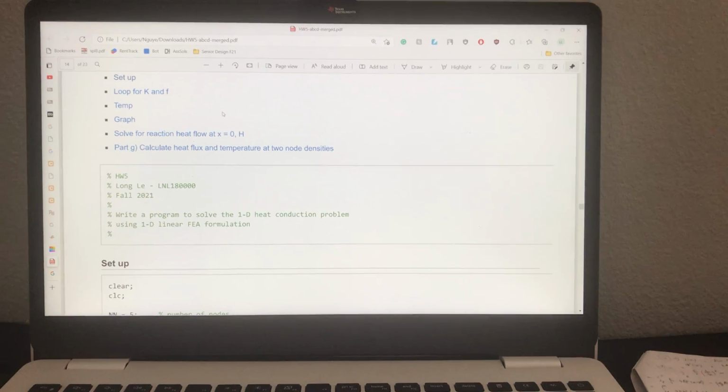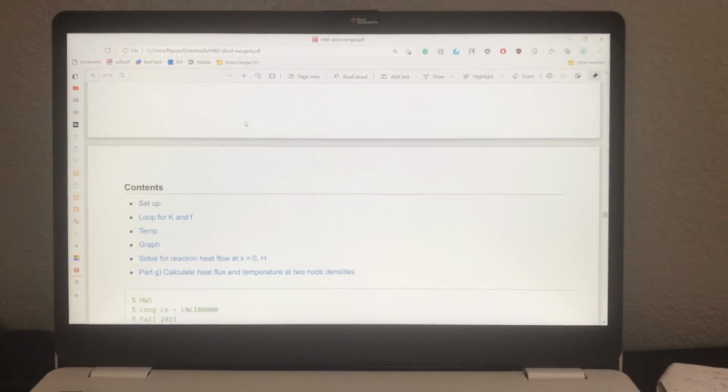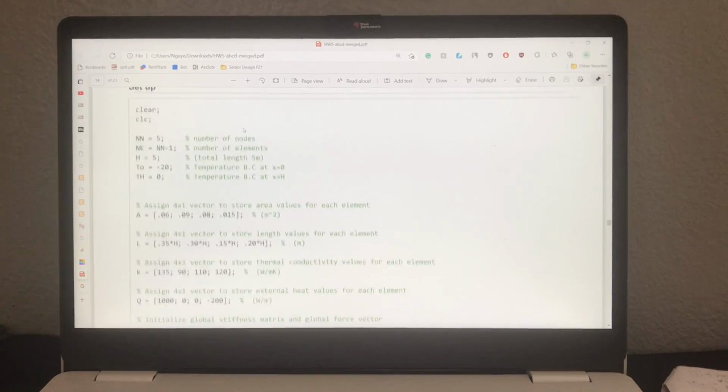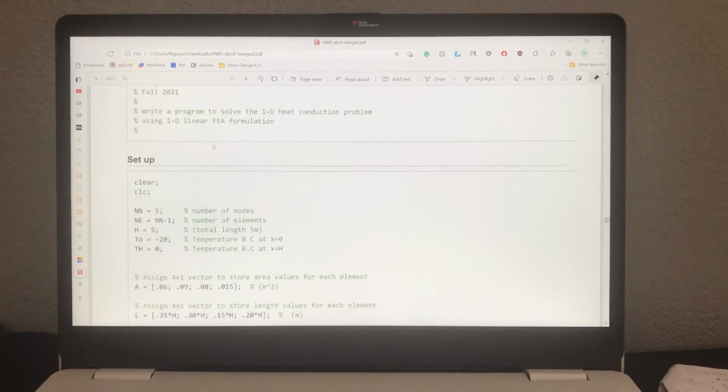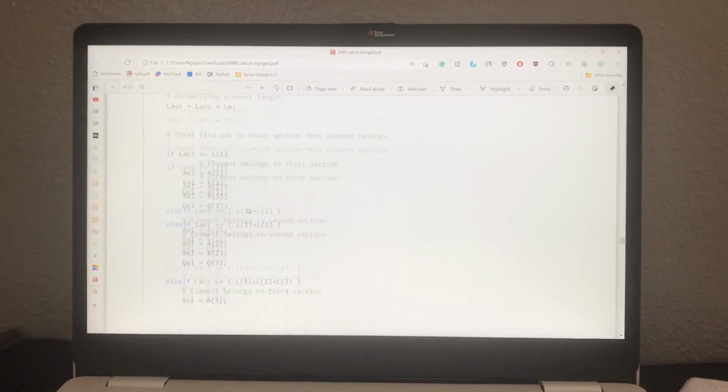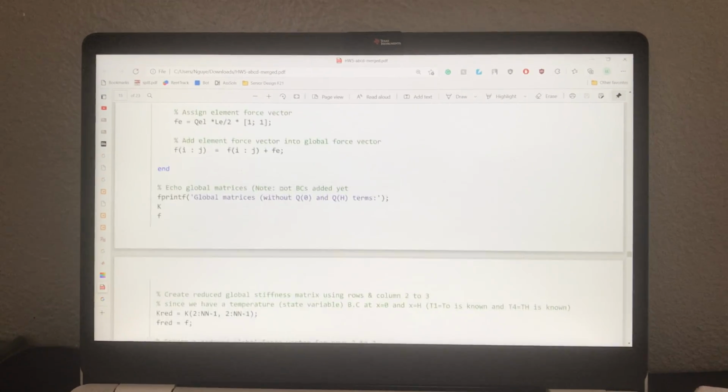A, B, C, D, E, F, G. So this is G, and it's pretty much the same.